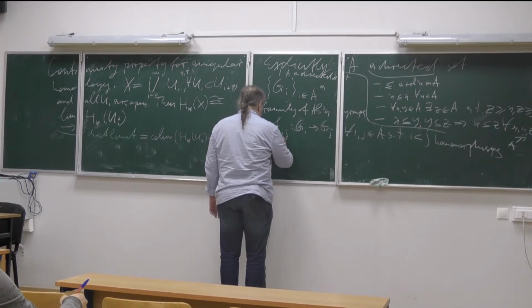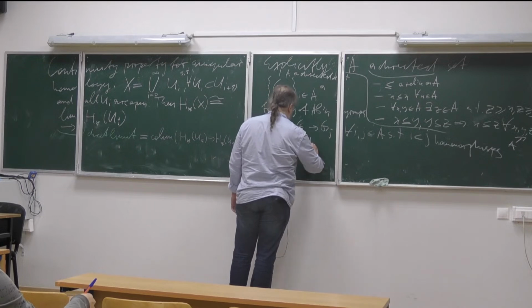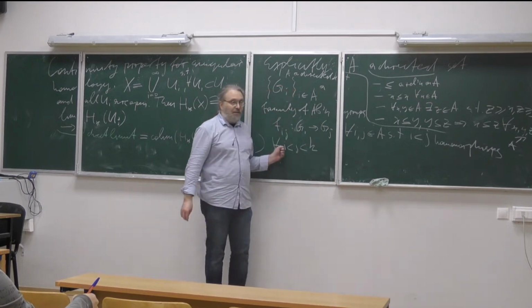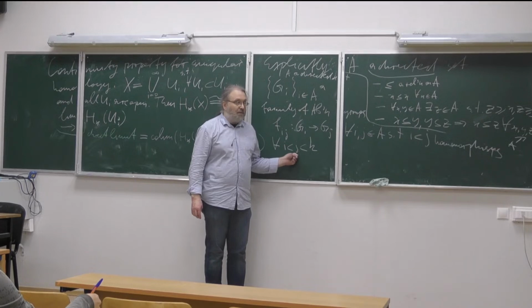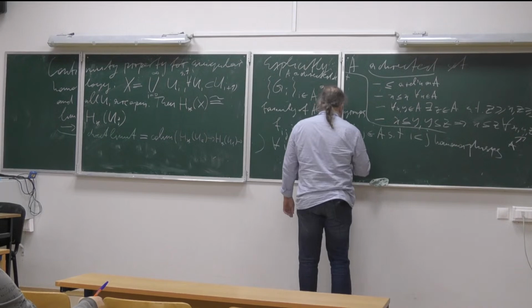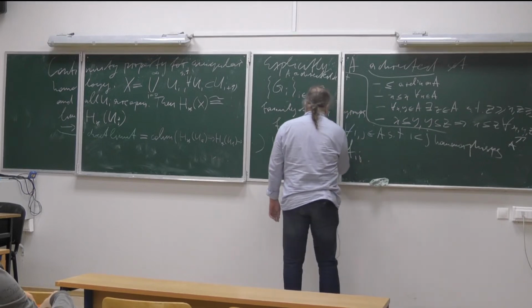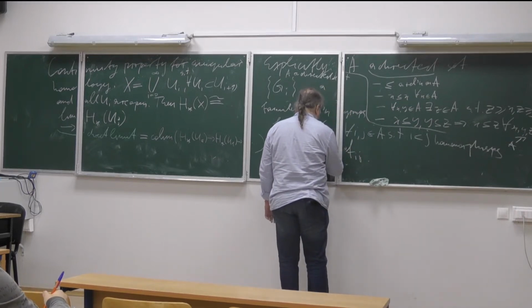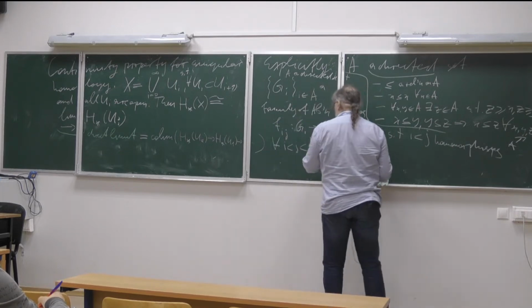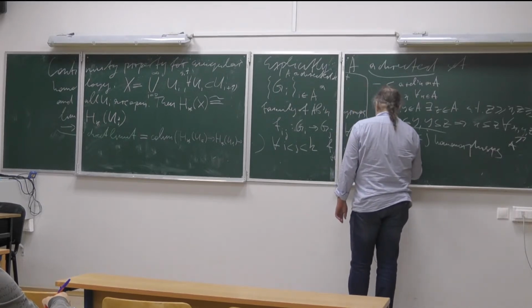And we require that if i < j and j < k, then we have a map f_ij, and we also have a map f_jk, and we require that the composite map should be f_ik.